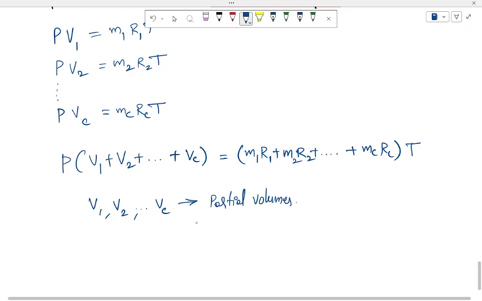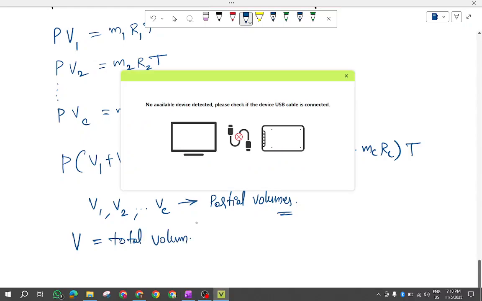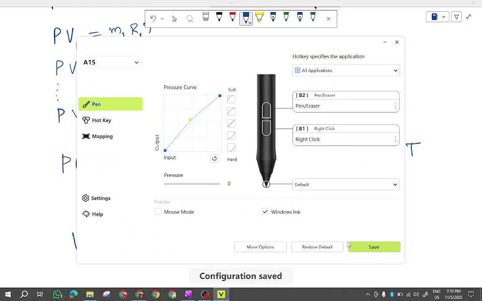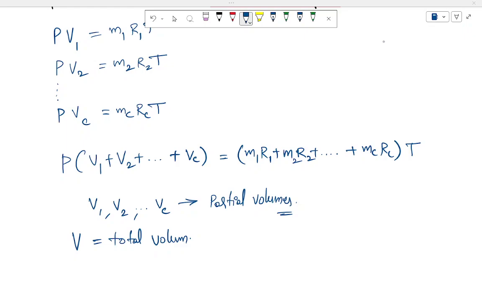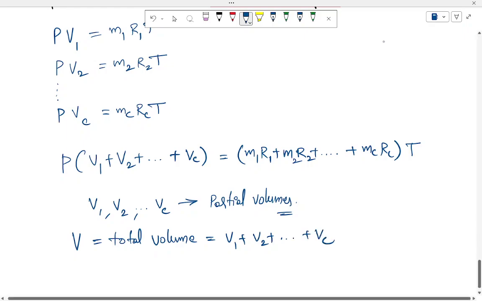Sometimes the problem can be written in this manner also, and here we can get something called the total volume. The total volume V will be equal to the sum of all of them. Simple again, nothing great. So V is equal to total volume, which is equal to V1 plus V2 plus so on plus Vc. So this is the story of your partial volumes, and the same is expressed as a total volume.